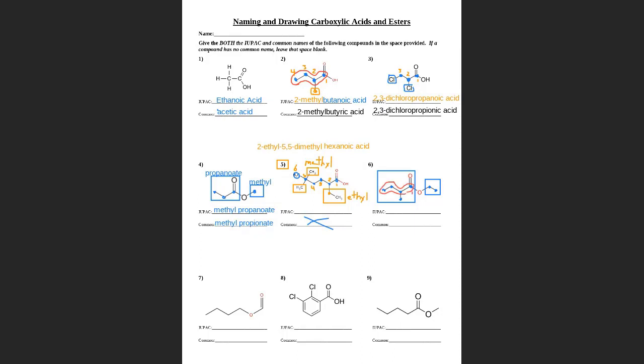If this is carbon number 1, carbon number 2, carbon number 3, carbon number 4, and I have this little branch here. It's a 1-carbon branch. If I'm going to name the left side, the more important side, if I was just naming that side, what would I call that?